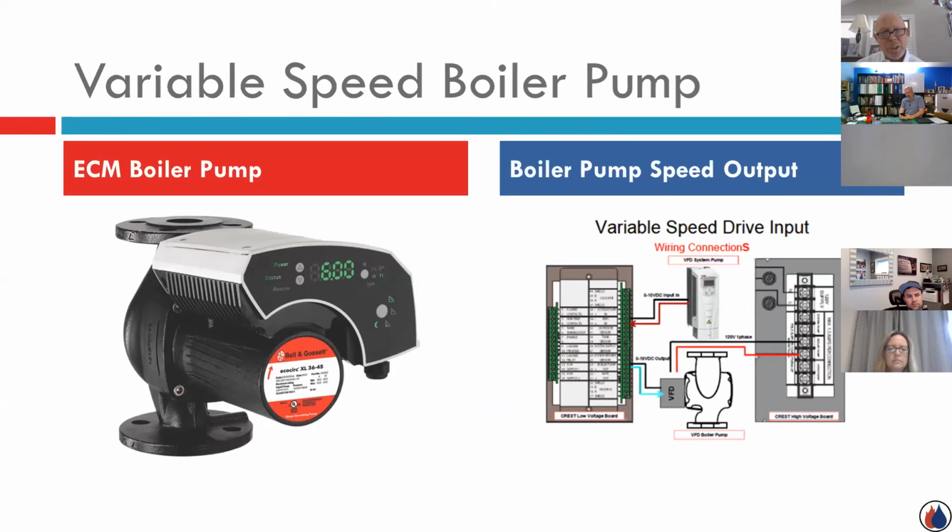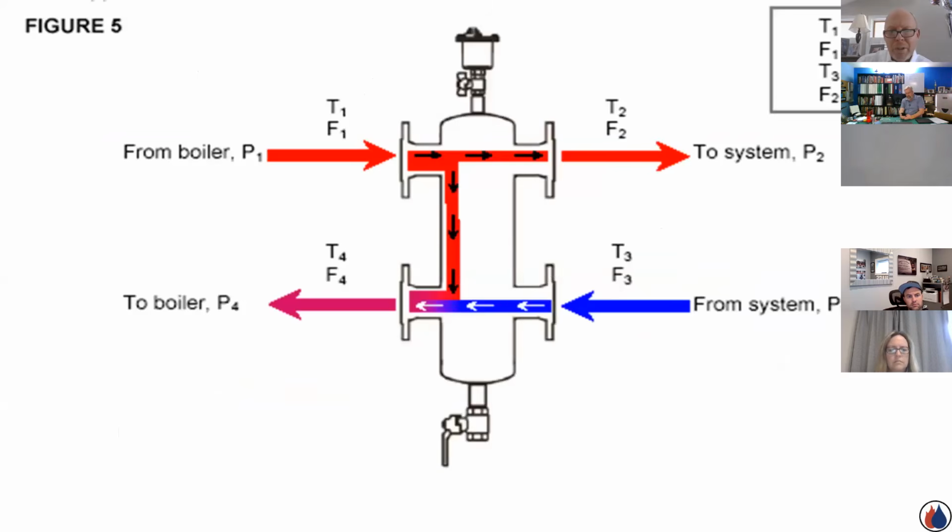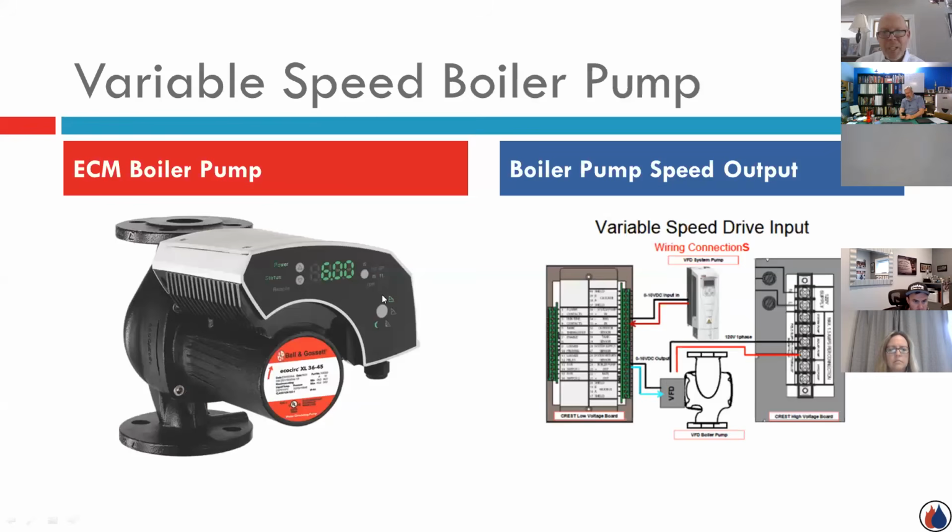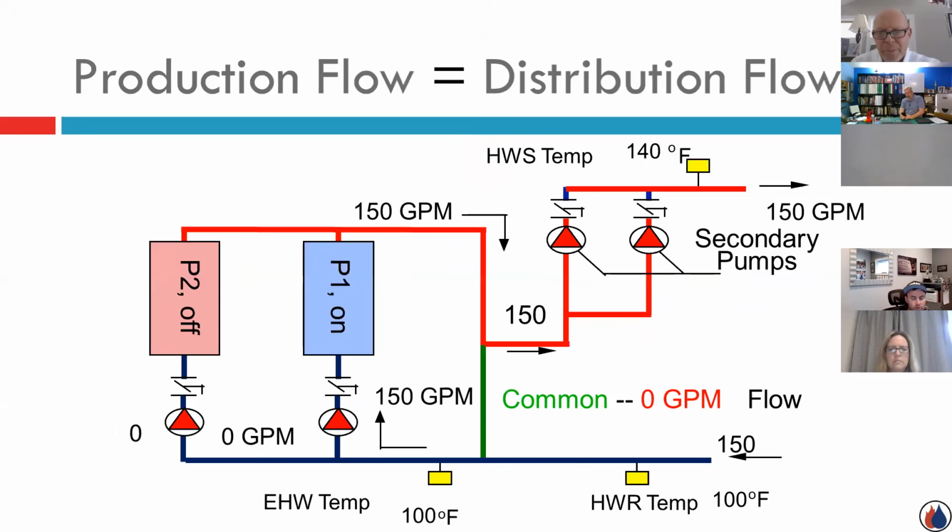They have the technology to control the speed of the pump, which means they control the GPM of the pump, which means they might eliminate that scenario of over pumping the boiler plant. And this is a quick example where if the boiler plant's pumping 150 GPM and the distribution pump's pumping 150 GPM, there'd be no flow in the common, everything is adequate.